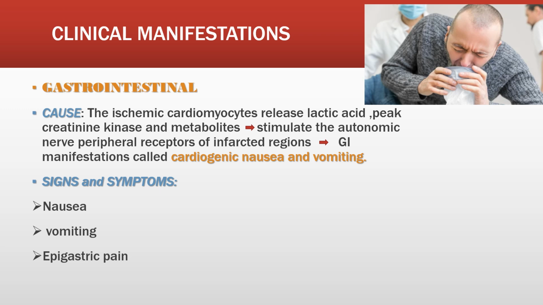So this stimulates the autonomic nervous system or the peripheral receptors of the infarcted region, and this leads to nausea and vomiting. Nausea and vomiting related to MI is termed cardiogenic nausea and vomiting. What are the signs and symptoms? You will see nausea, vomiting, and epigastric pain in the patient.